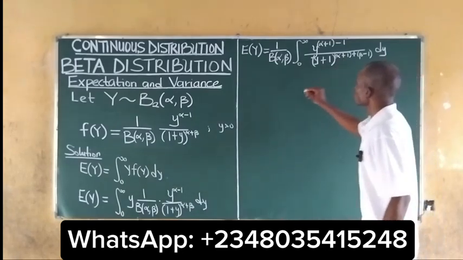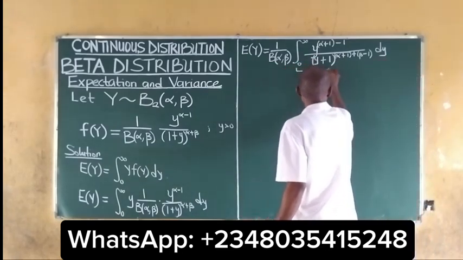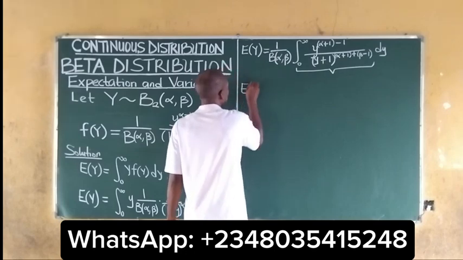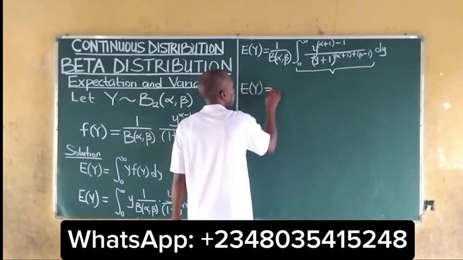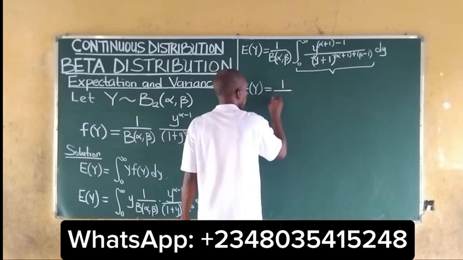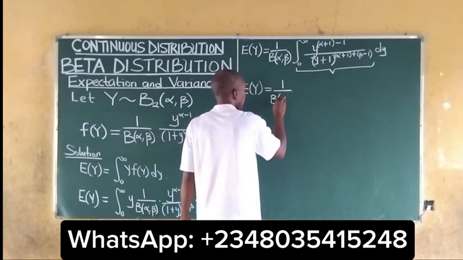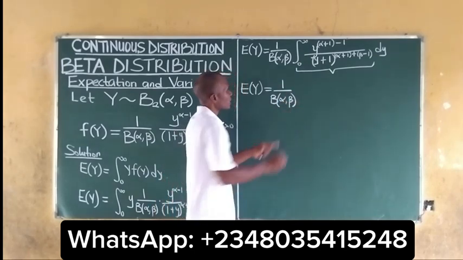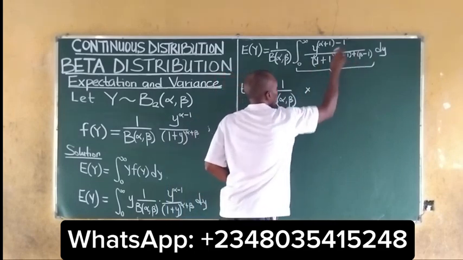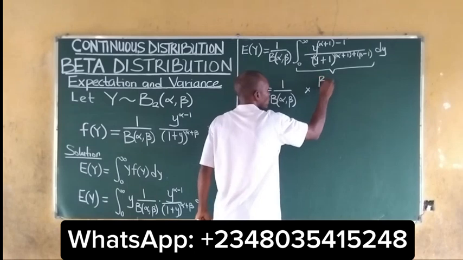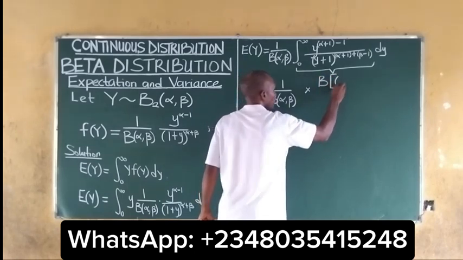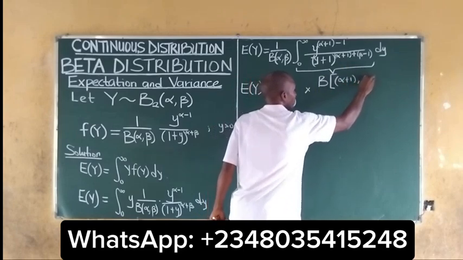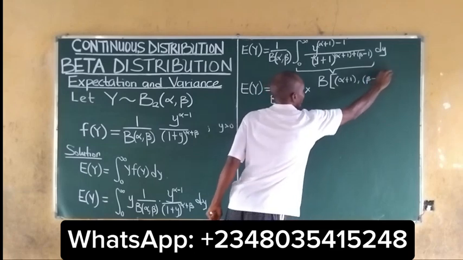Alpha plus 1 plus beta minus 1 is the same thing as alpha plus beta. So the next thing to do, we know that the whole of this function means something. Our expected value of y will be equal to 1 all over B(alpha, beta) multiplied by the whole of this function, which will give us the beta function B(alpha plus 1, beta minus 1).